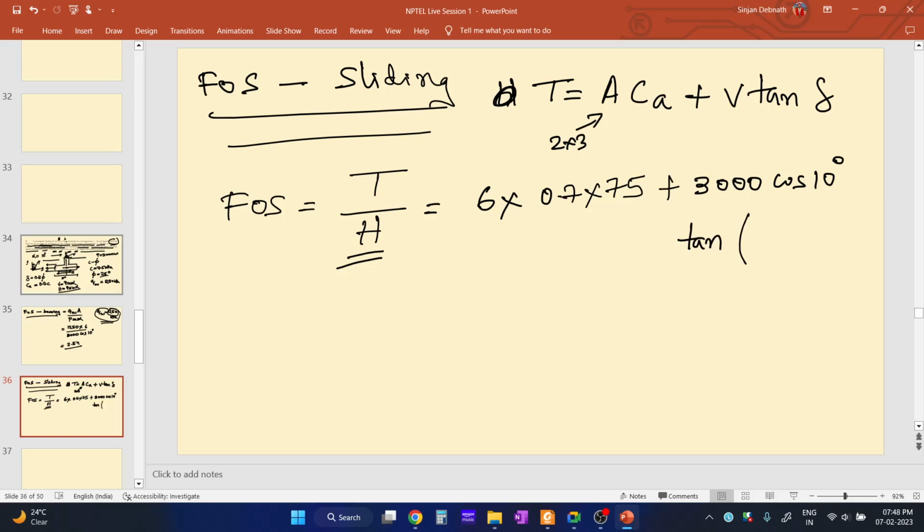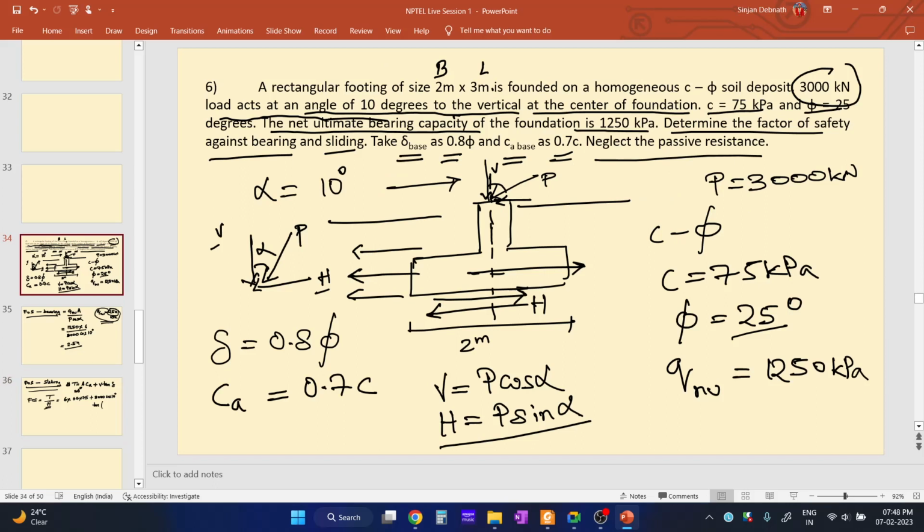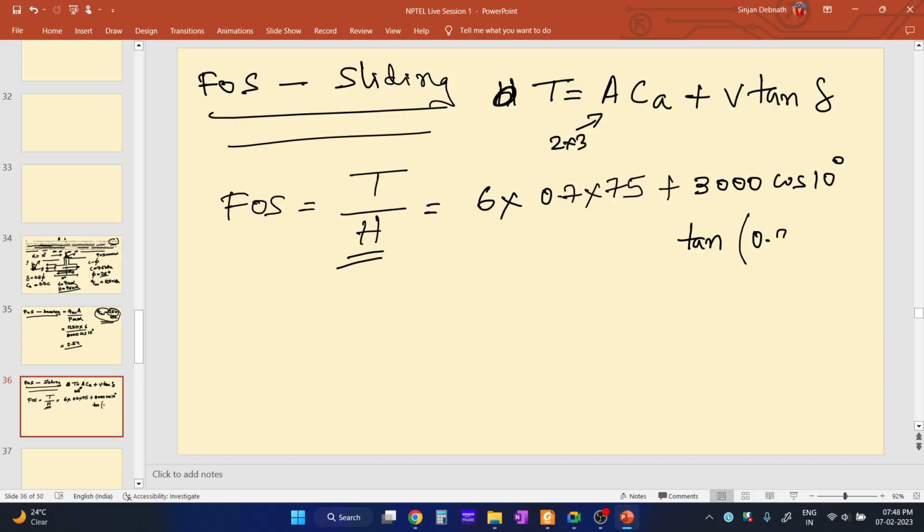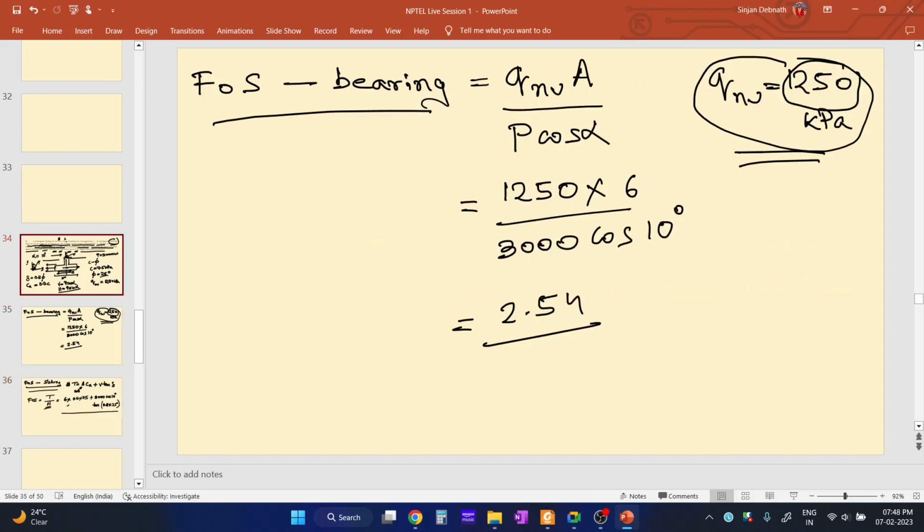And what is the value of tan delta? Delta is 0.8 into phi. What is the value of phi? 25 degrees. So 0.8 into 25 degrees. So this one is the T. Now divide it by H. What is the value of H?